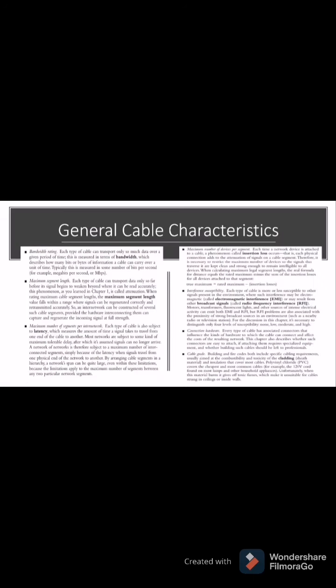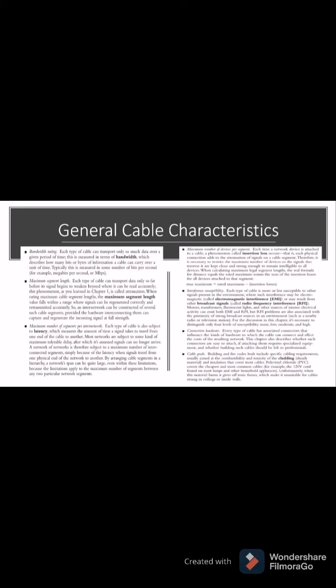So as you can see here, there are 7 general cable characteristics, and those are bandwidth rating, maximum segment length, maximum number of segments per internetwork, maximum number of devices per segment, interference susceptibility, connection hardware, cable grade, and many more.